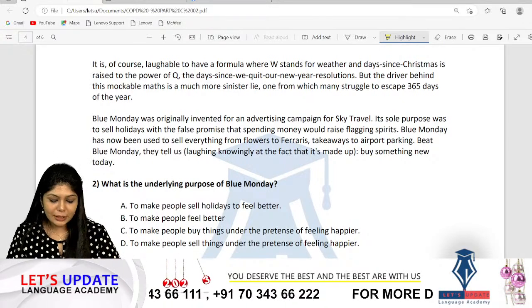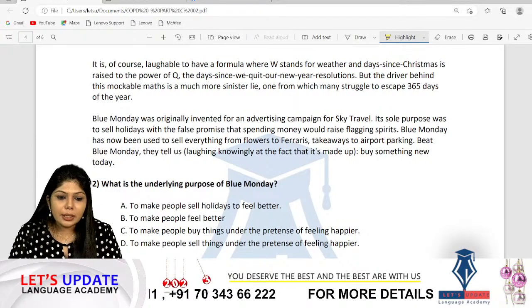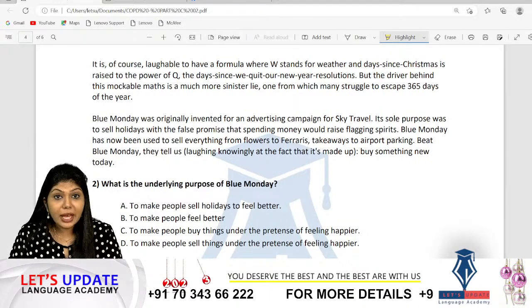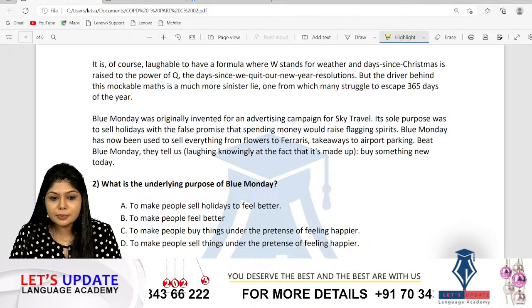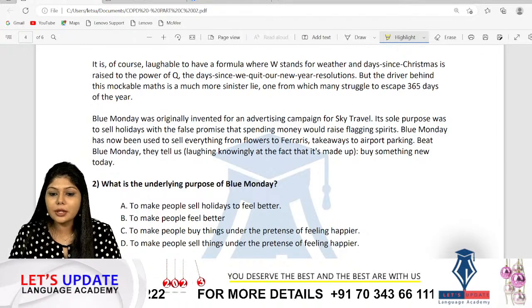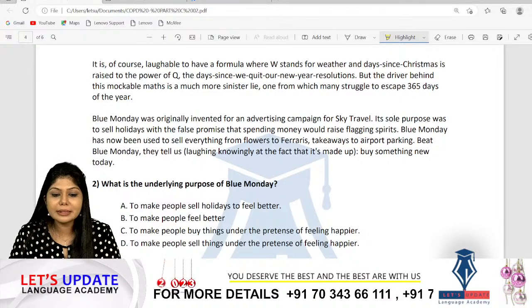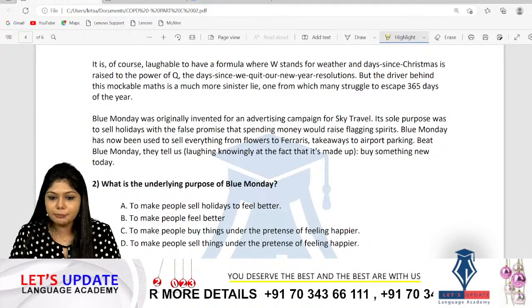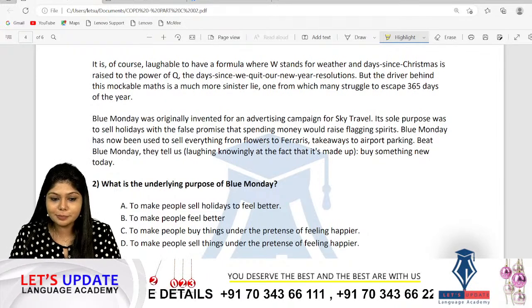Yeah, let's have a look at the paragraph. It is, of course, laughable to have a formula where W stands for weather and days since Christmas is raised to the power of Q. The days since we quit our New Year resolutions, but the driver behind this mockable maths is a much more sinister lie, one from which many struggle to escape 365 days of the year.